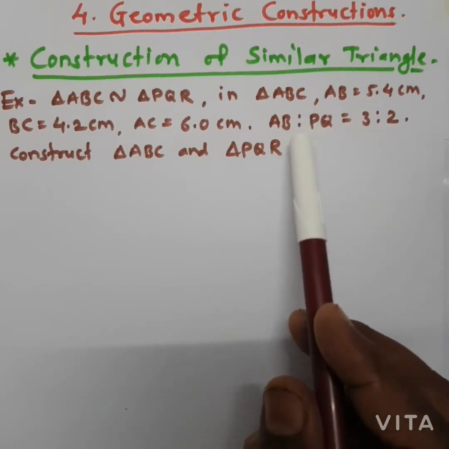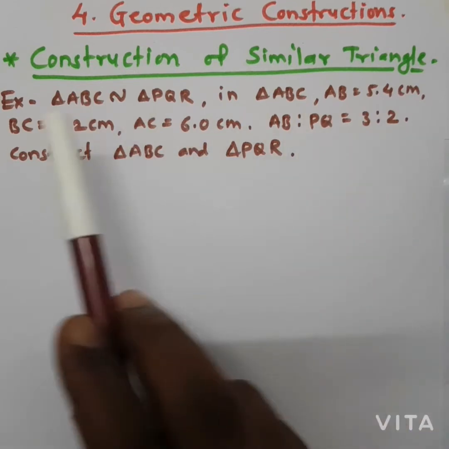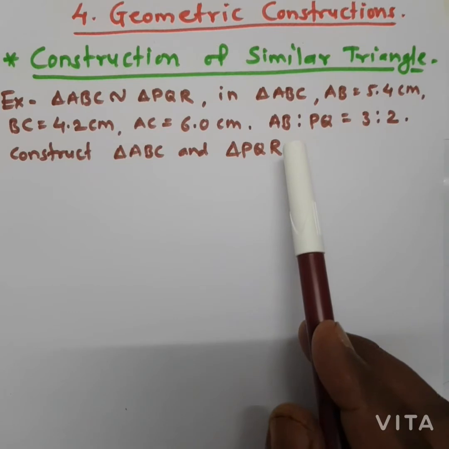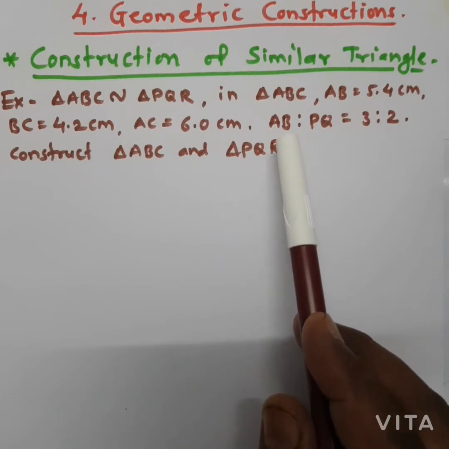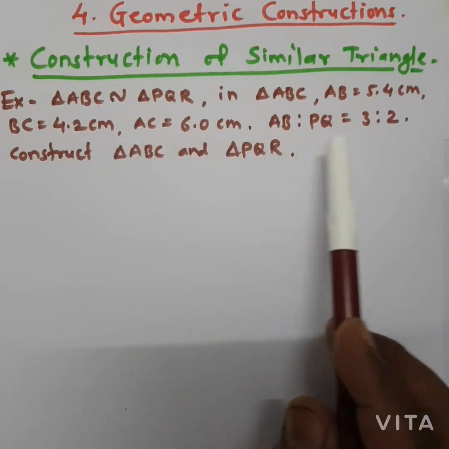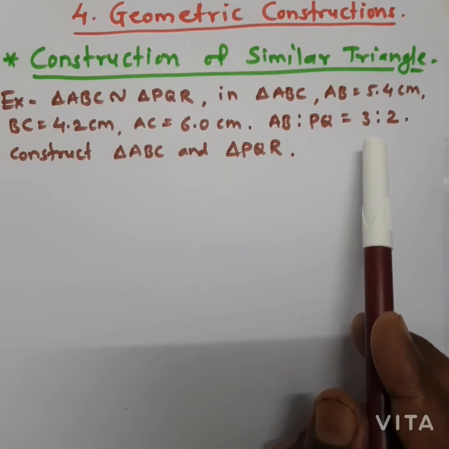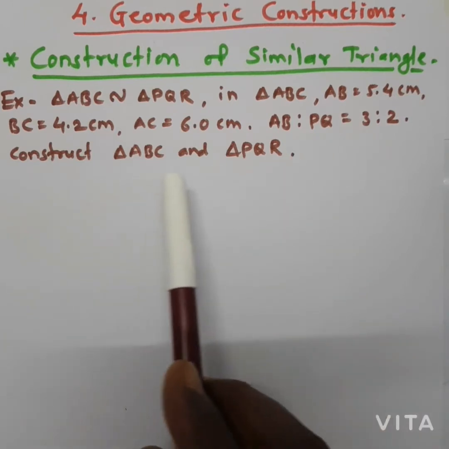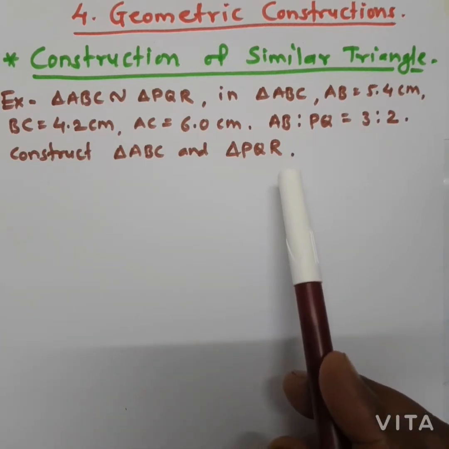That is, the ratio of corresponding sides in similar triangles is 3:2. Means the sides of triangle ABC are larger than the sides of triangle PQR. Construct triangle ABC and triangle PQR.